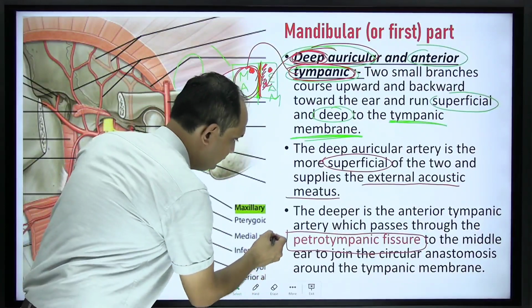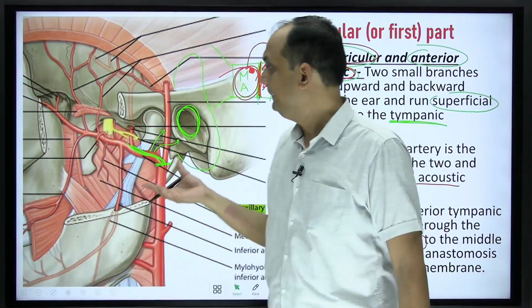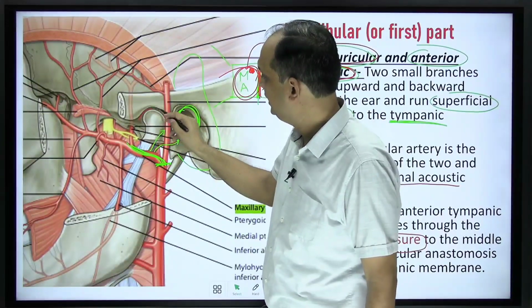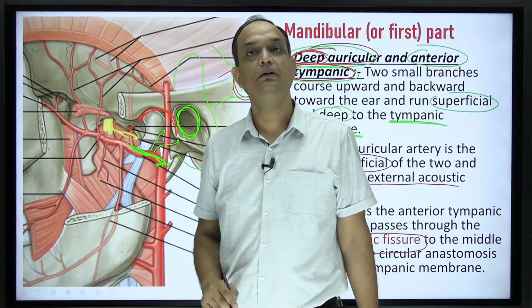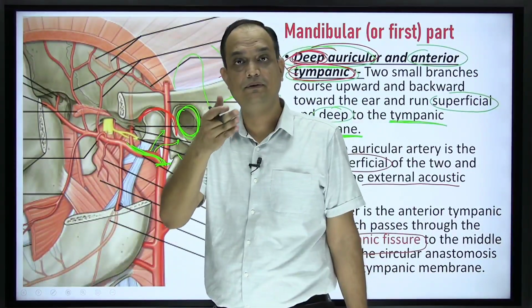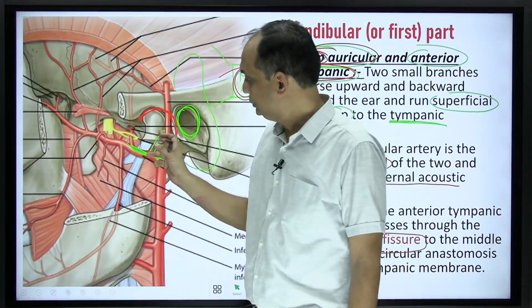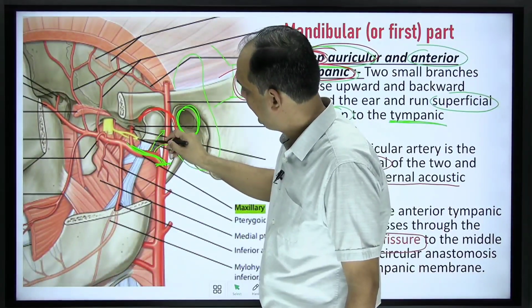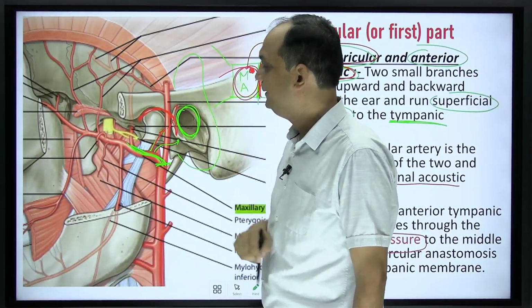Now this is the question of your exam, because when you see the mandibular fossa in a dry skull, you will realize that this fossa is divided into the articular and non-articular part by a fissure. And that fissure is known as petrotympanic fissure, and through this fissure this anterior tympanic artery will enter inside the middle ear.